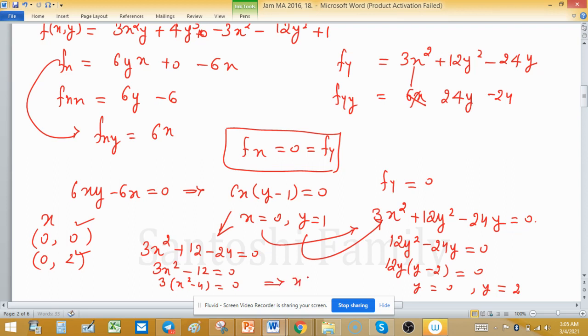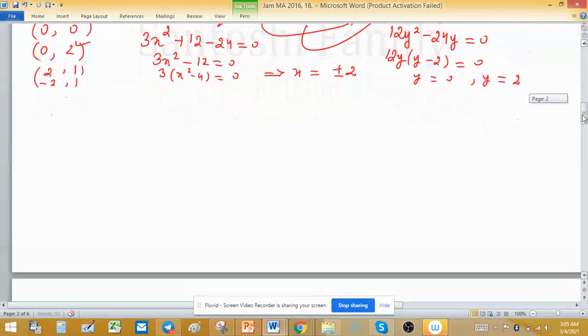This implies x equal to plus minus 2. When I put y as 1, the value of x is 2, and also minus 2. So these 4 points are my critical points.